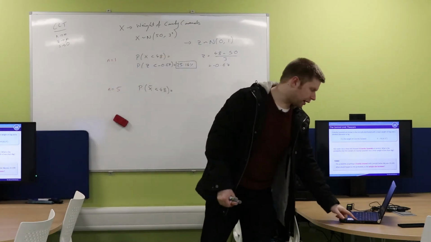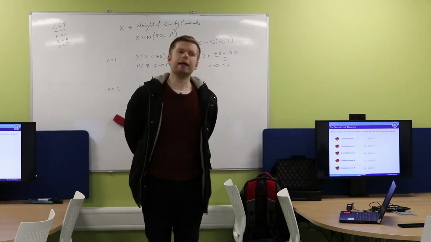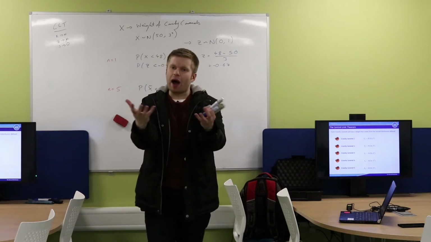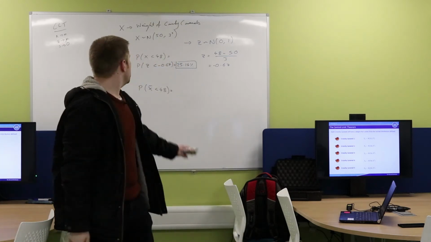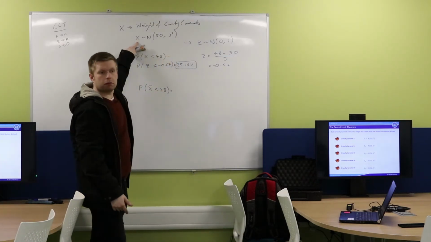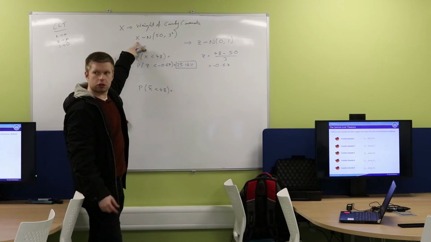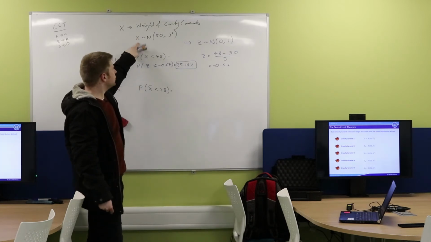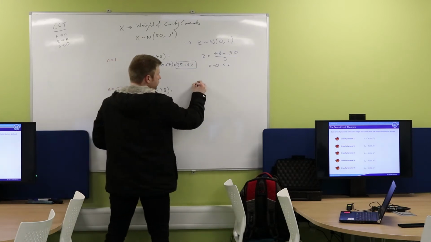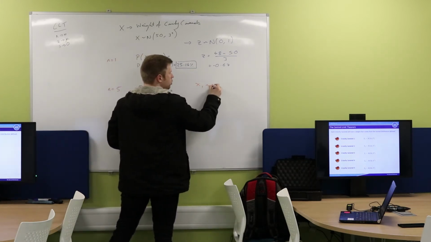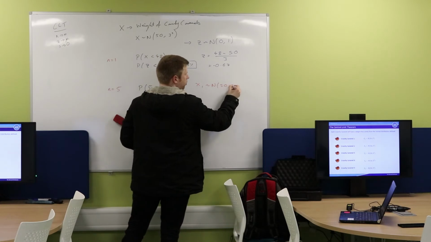So let's have a think about this then. What I can think about is these 5 crunchy caramels that I can pick up, they are all distributed using the same distribution. Does that make sense? So in other words, x1, my first crunchy caramel, will be normally distributed with 50 and 3 squared.